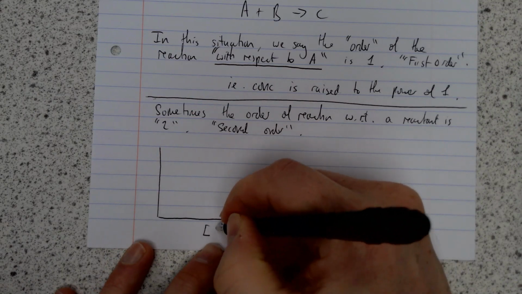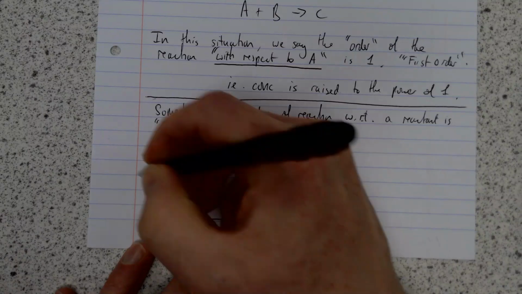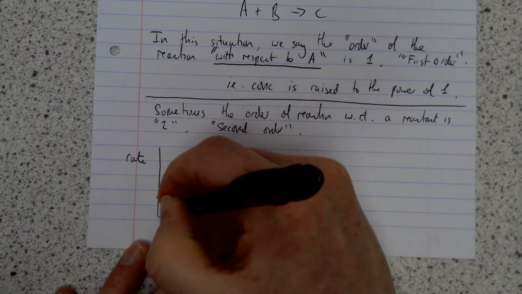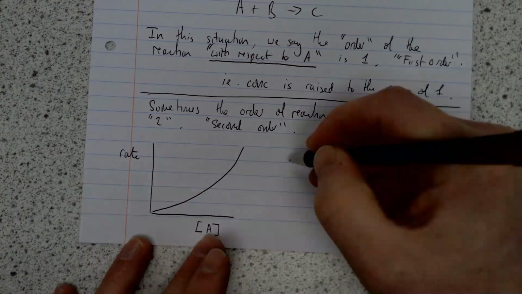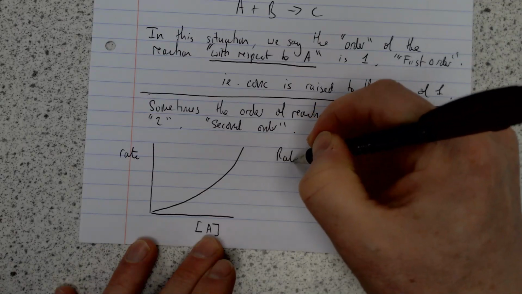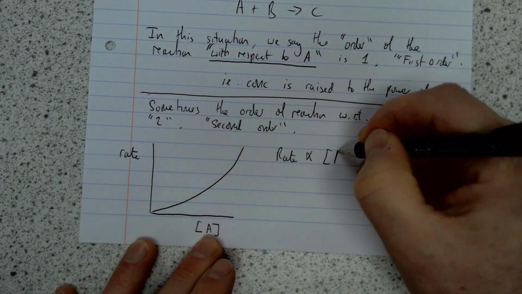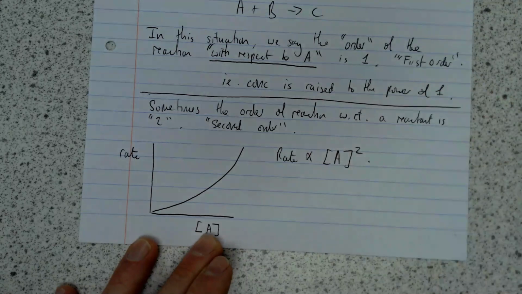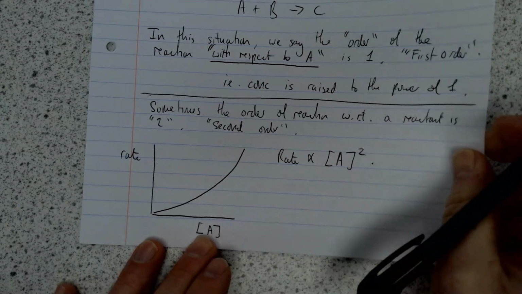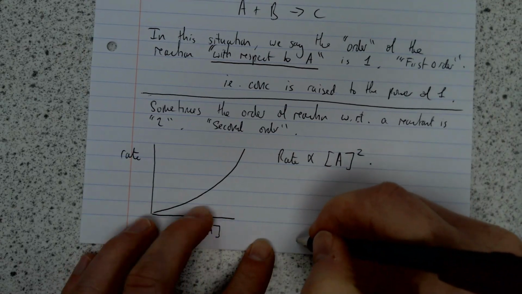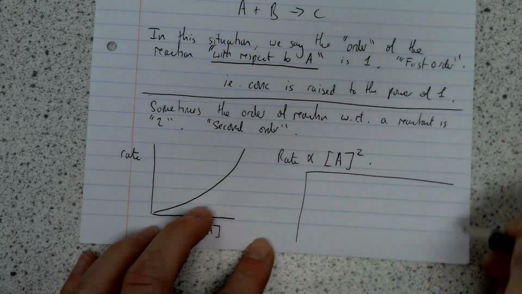And if you've got the concentration of A there and rate there, you'd have the kind of graph that you were just sketching on your mini whiteboards, so something like that. And so we can say that rate is proportional to A to the power of 2. Okay, and that's all I'm going to say about it for now, except one little detail, which I'll definitely come back to.